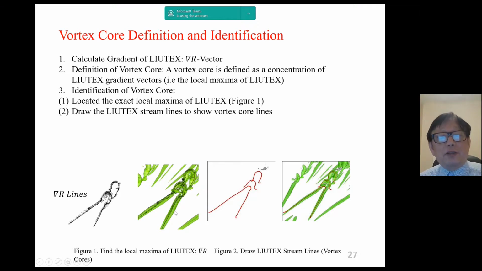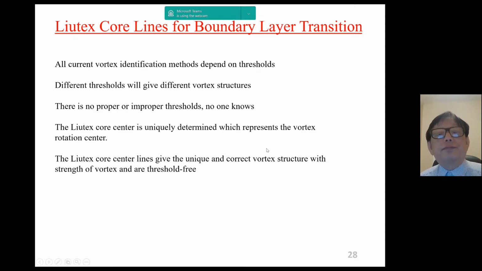We can see from this graphic they are always located inside the isosurface because they are local maxima. We take them out, we get the vortex rotation core line. We can see from here they are always inside the Nutex isosurface.